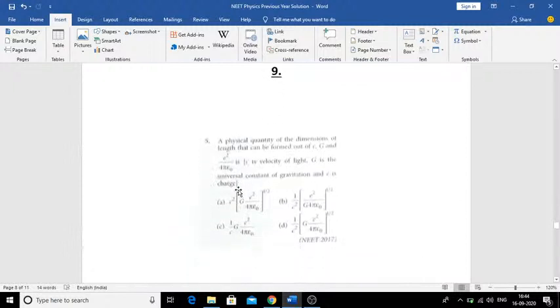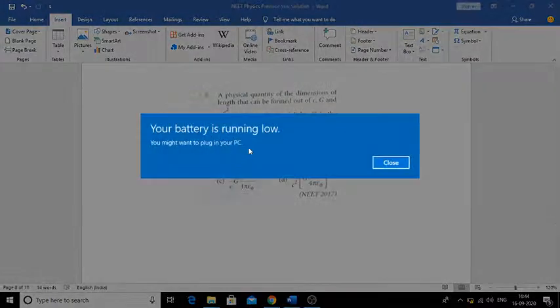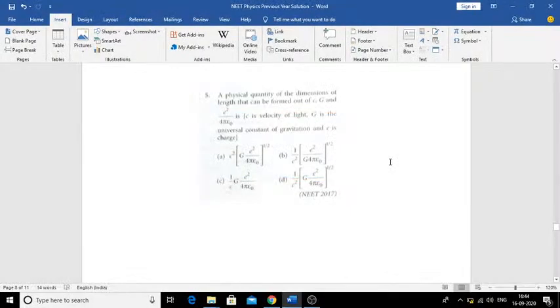Now let us come to question number 9. This is quite a big, lengthy question actually, because here you should remember the formula. Remembering the formula will help you with all these things.